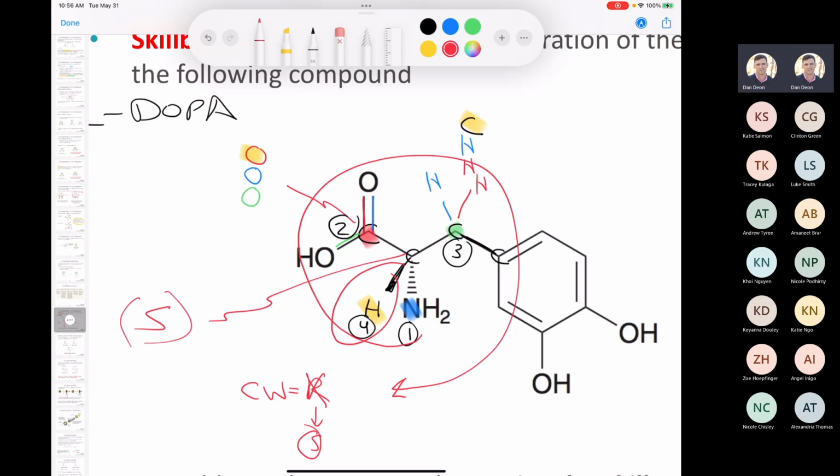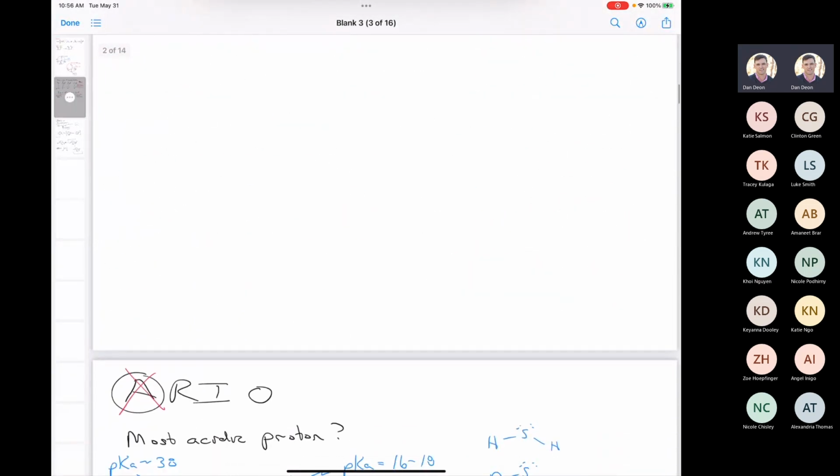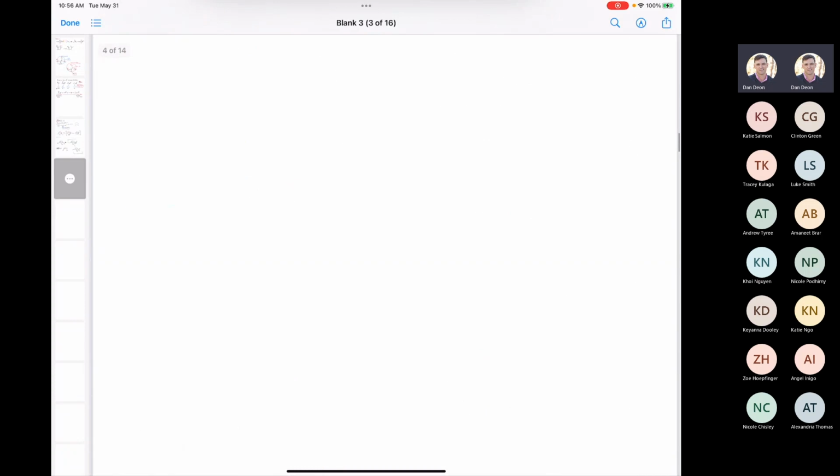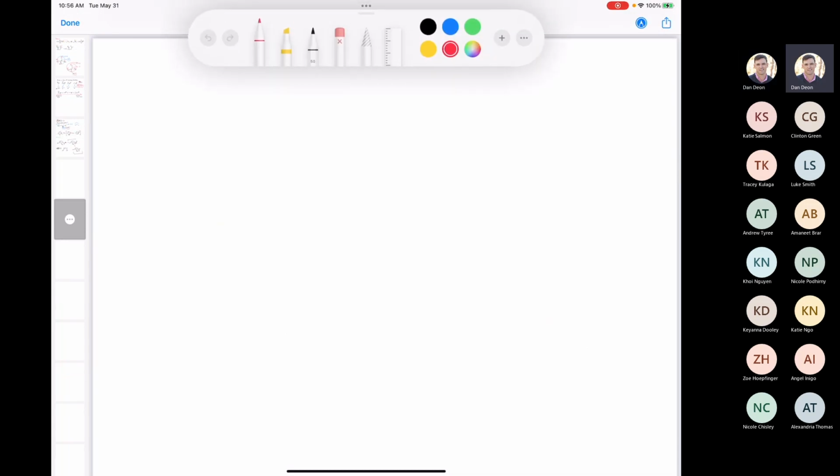Let's try one more. Let's go back to our blank document here, and let's see if we can solve another one. There we go. What if I gave you something like this? Let's try this molecule, and then we'll try this molecule.